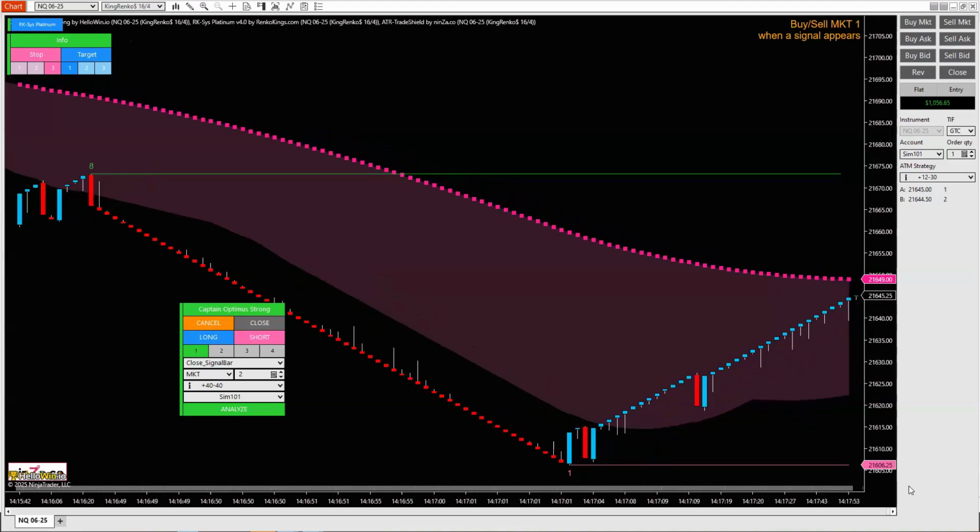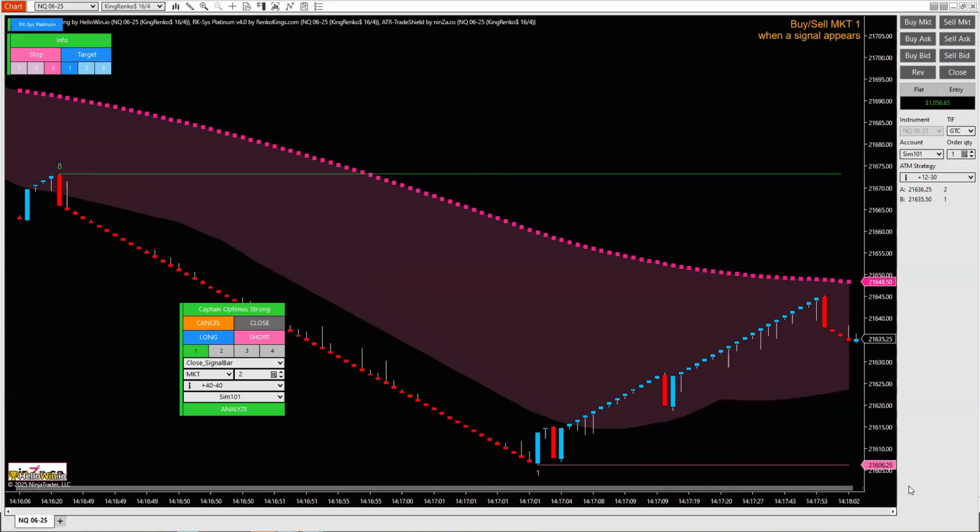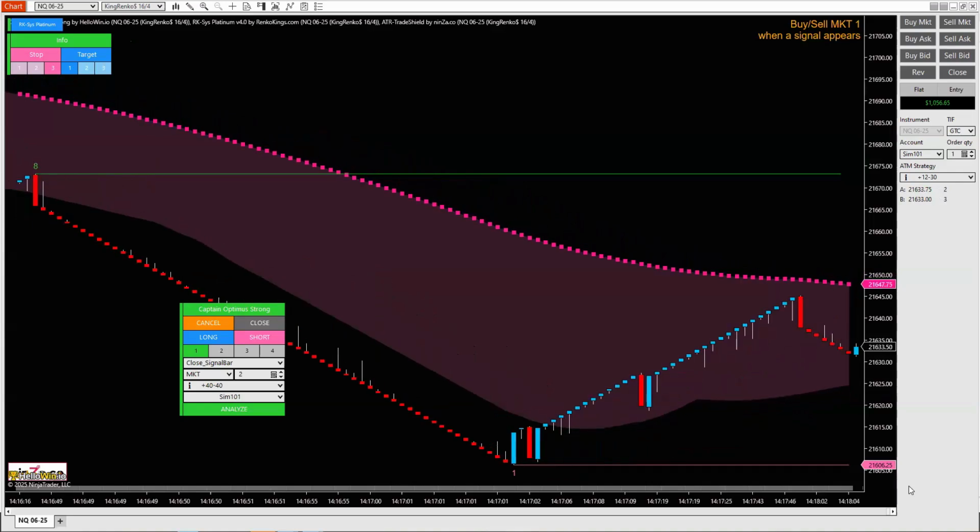I can also trade it on a 15-second chart. It's very flexible. It doesn't necessarily have to be a Renko bar. Oh, I thought you might get a signal there. I guess not. That's a shame. Sorry, guys, just waiting for a setup here.